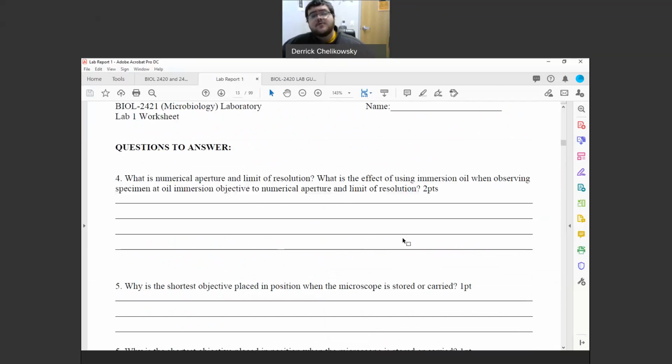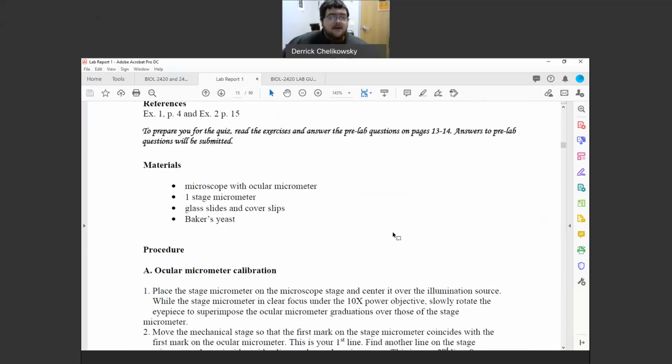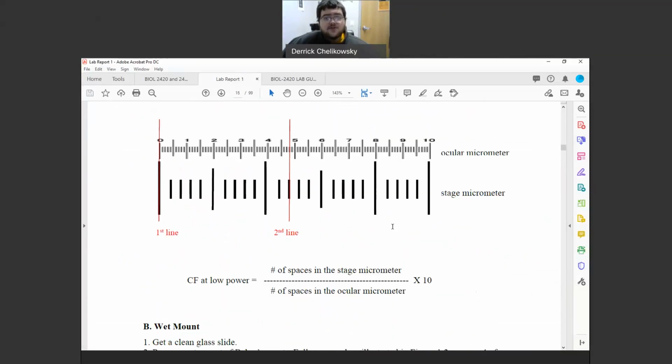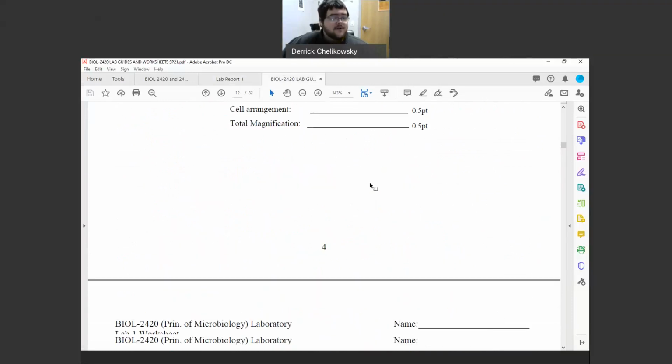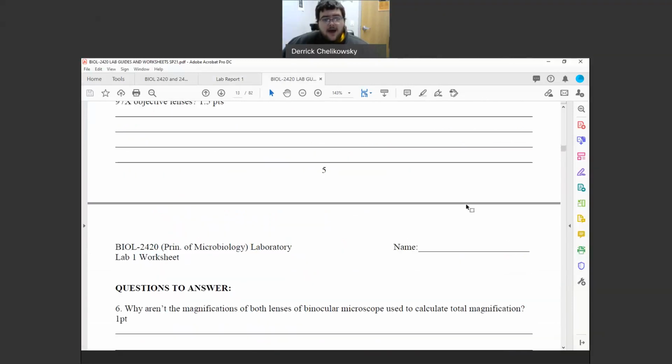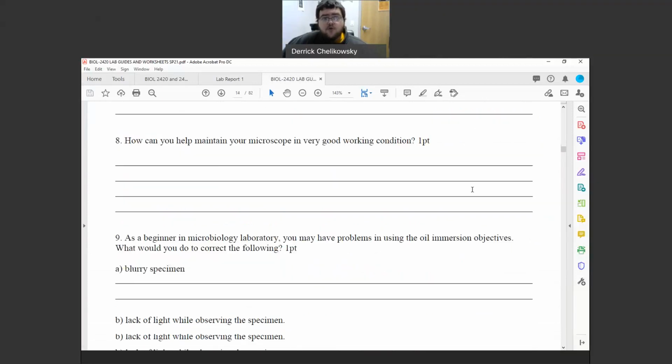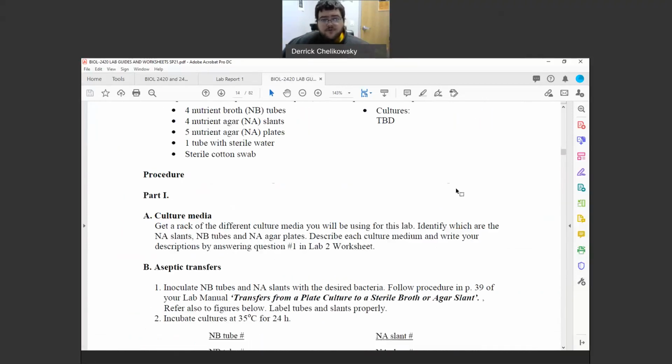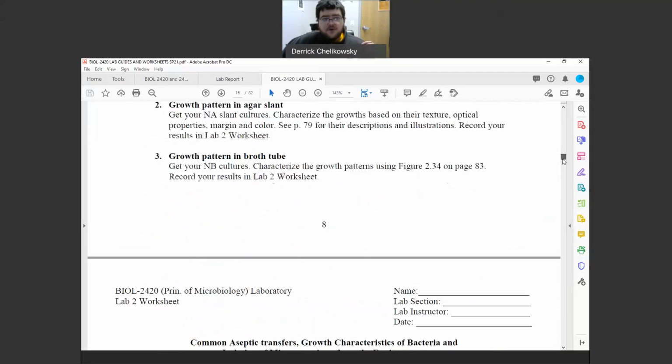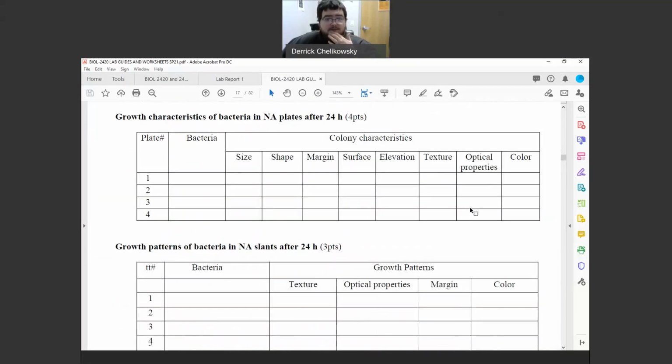In the future, especially when we start getting into things like how to look at certain plates and growth characteristics, which is going to be lab 2, it's going to be difficult for you to answer some of these, particularly things like optical properties, which we can't do outside of a lab. If it's something that cannot be done outside of a lab, we tell you. We're not going to dock points because you can't get into the lab.